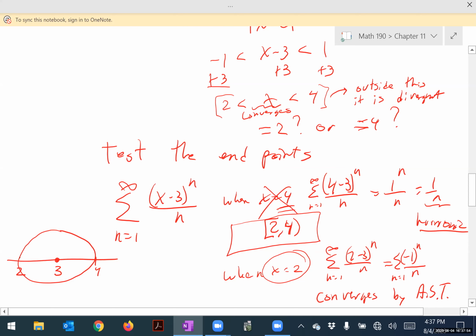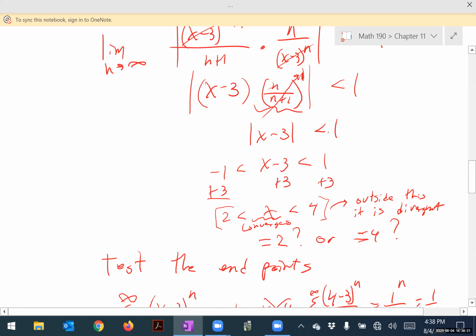The radius is 1. It's only one dimensional, but you think of it as a 2-dimensional circle. This is a radius of 1 unit in both directions. Starting at 3, we're going out 1 in both directions to get our 2 and our 4.